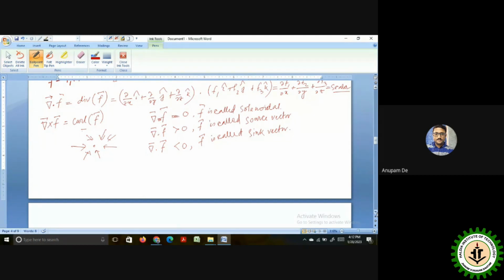Or you may be asked to prove that a given vector is a solenoidal vector.